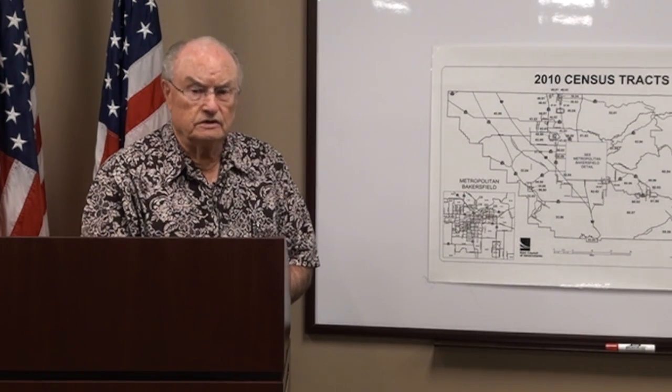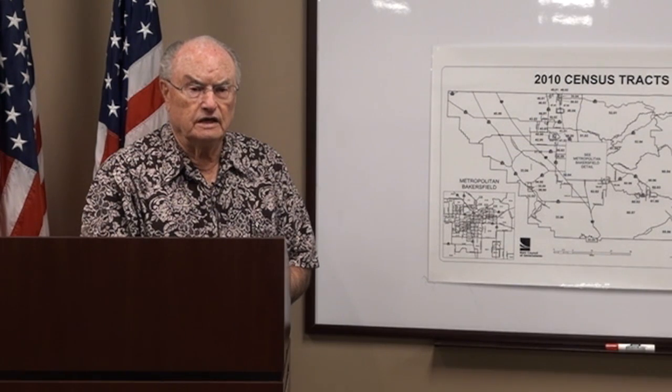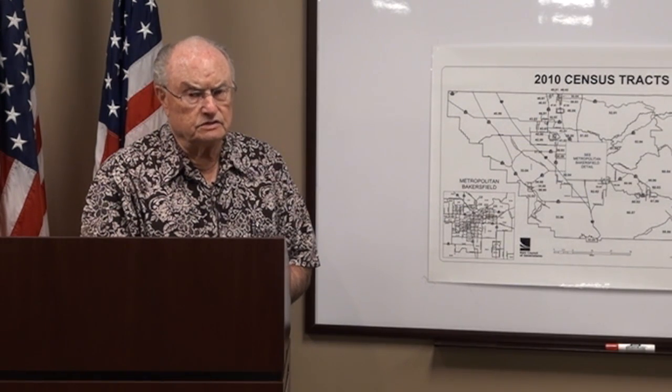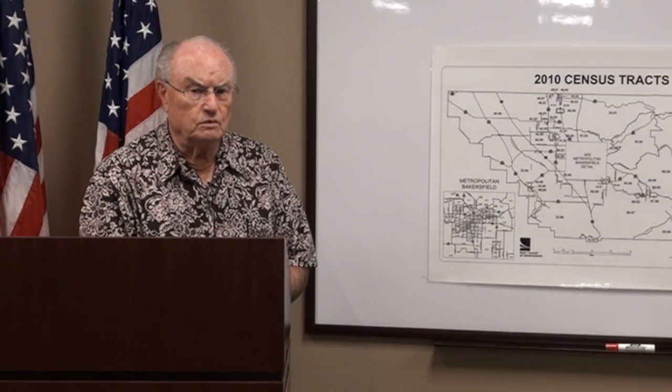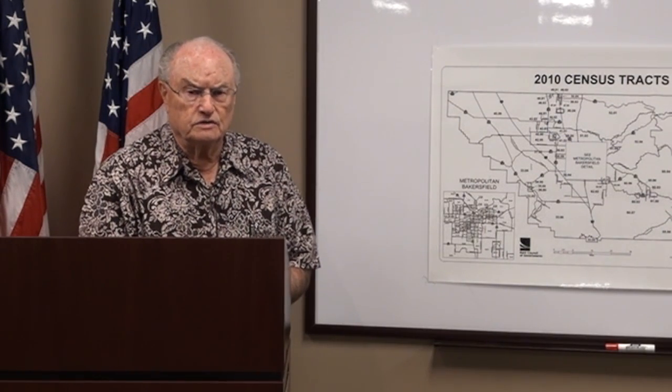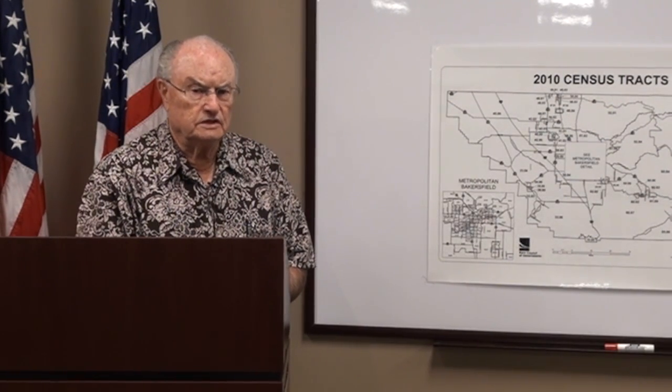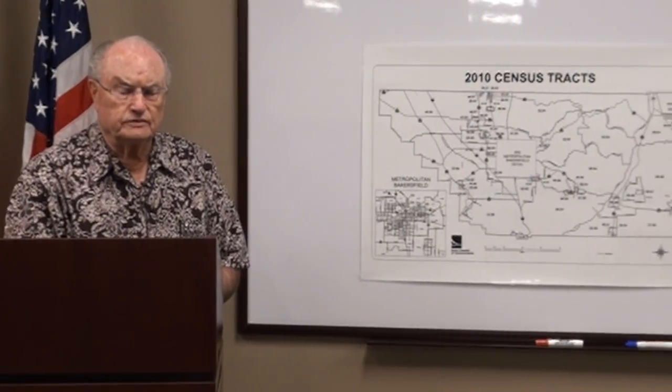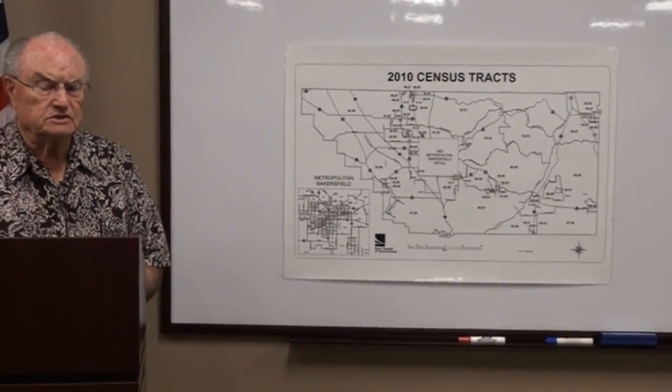The County of Kern has a set of census maps, and the ones that we want to concentrate on, of course, are Metropolitan Bakersfield. These maps are available through the Kern Council of Governments.